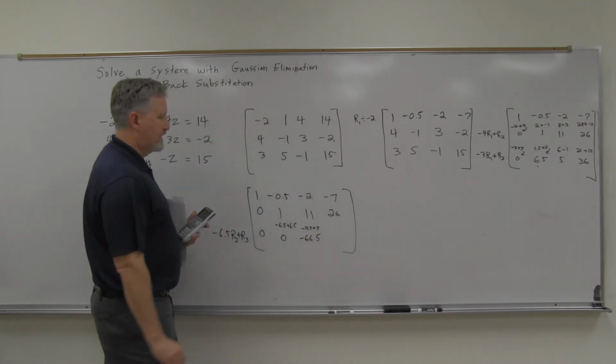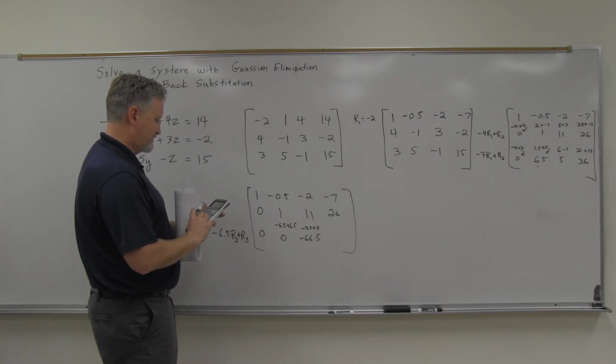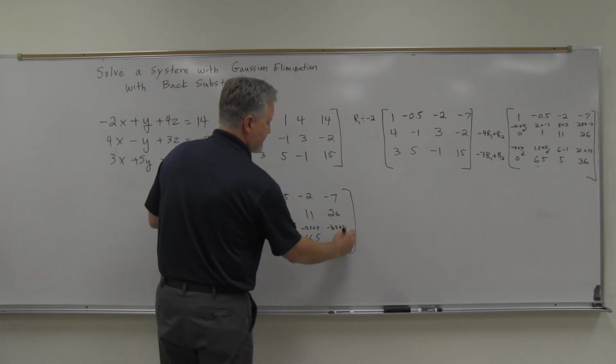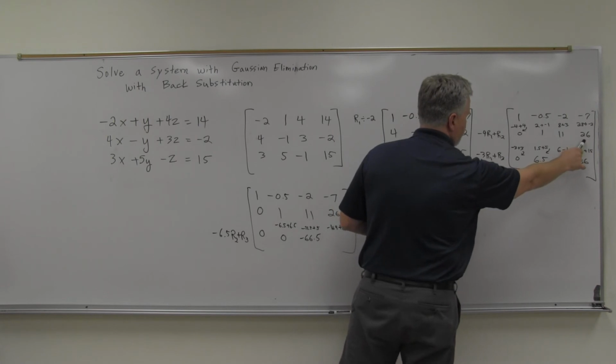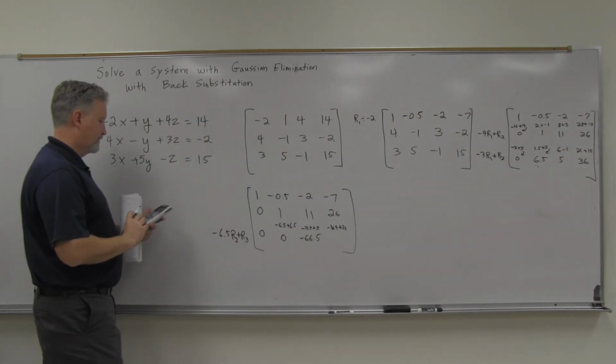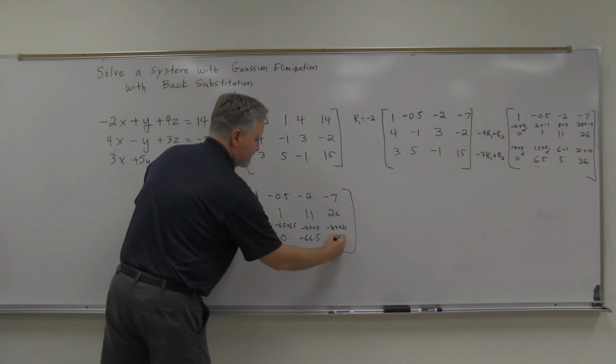Yes. And then negative 6.5 times 26 is negative 169. Add that to the 36, so negative 6.5 times that, plus the 36. It's negative 133.